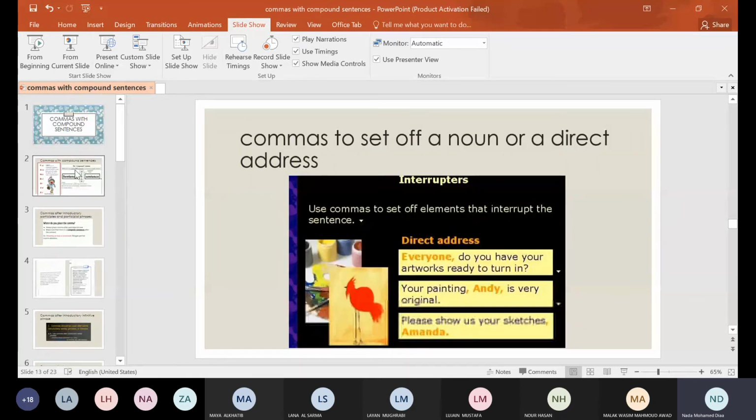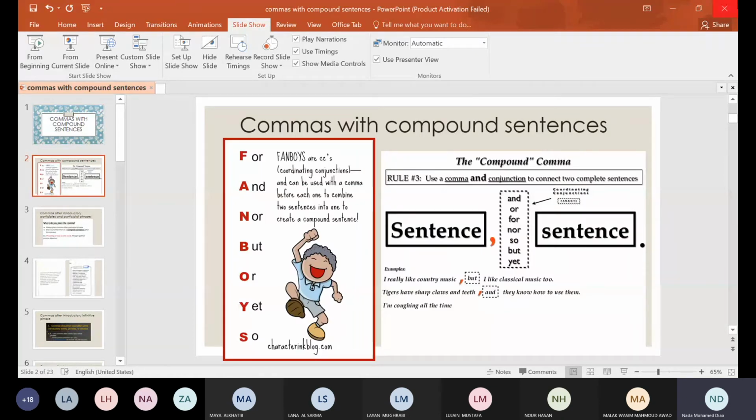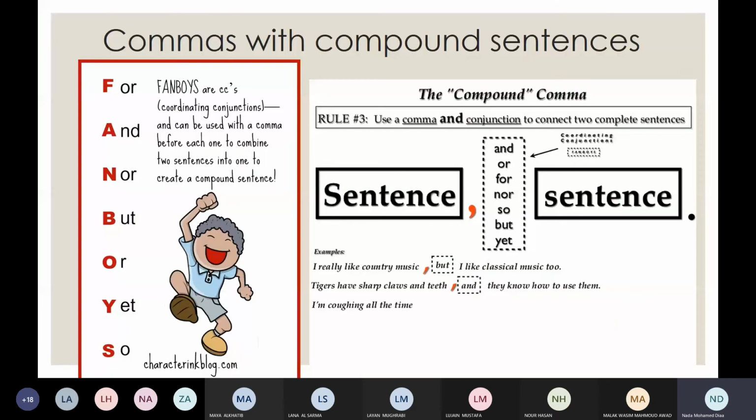So look at what we are going to do here, girls. I will revise the 2 lessons quickly. Okay. Dareen, can you explain to me this slide? What does it want to tell me here, Dareen? Yes, Miss.